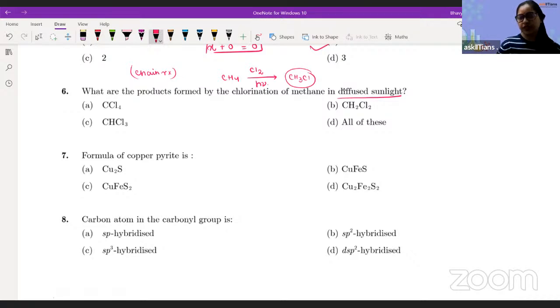One case could be this. Another case will be 2 hydrogens replaced. Another case, 3 hydrogens replaced. Another case, all 4 hydrogens replaced. So technically, all 4 products can be found. I think they have already given you 3 of these. So the answer is all of these.